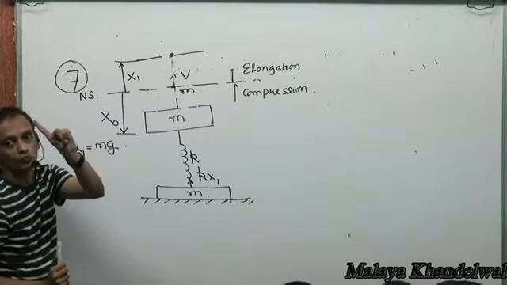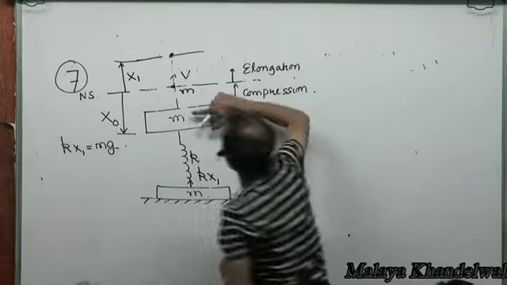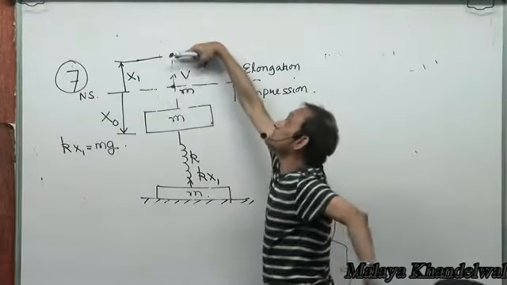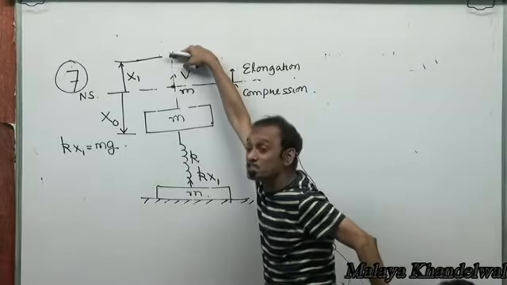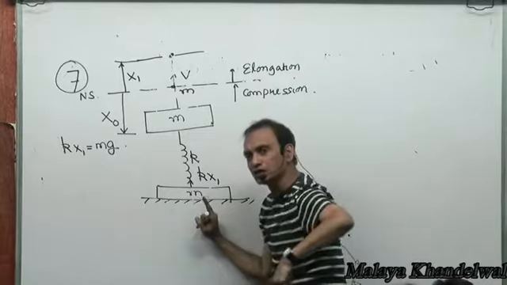Yes or no? Right? So you want this mass m to start from here, reach the natural state, and acquire an elongation at least to the tune of x1, so that small m loses contact with the ground.